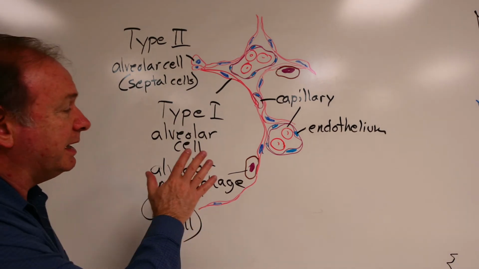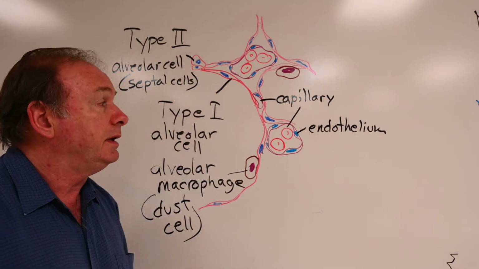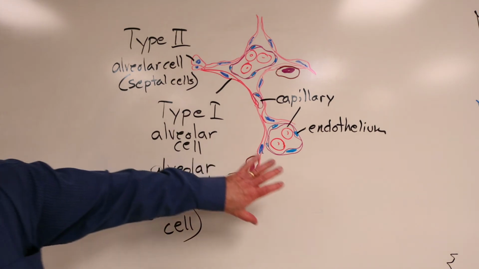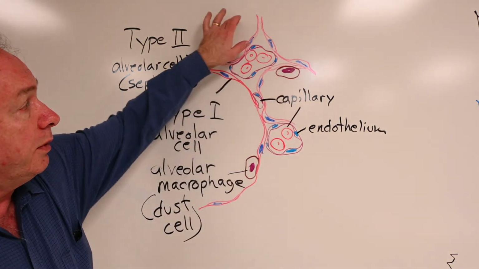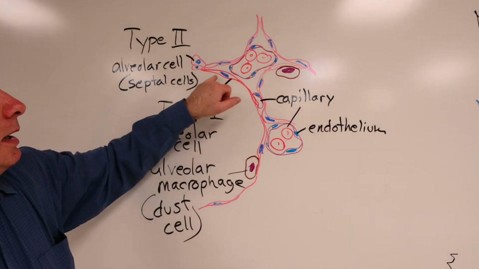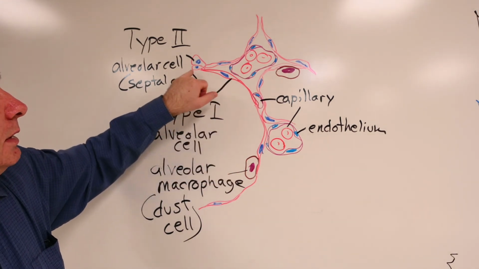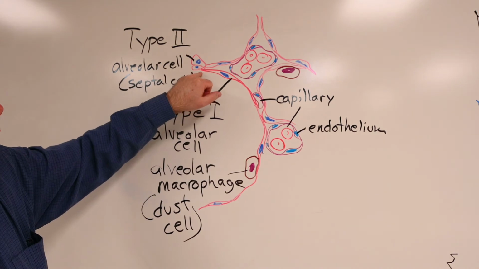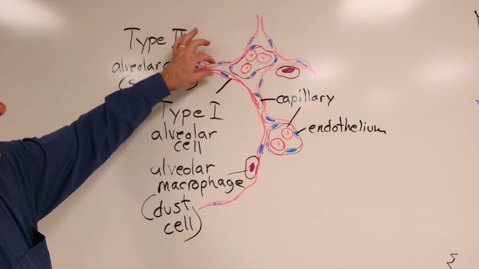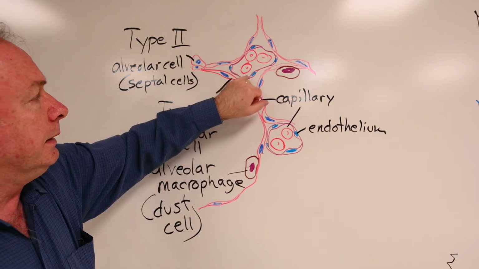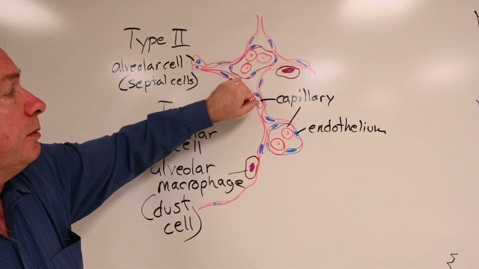So that's the detailed view of what's going on in the alveoli of your lungs, deep inside your lungs. We have the alveolar spaces or cavities. We have 4 of those cavities here. They are lined with type 1 alveolar cells. At some of the corners, we're going to see some type 2 alveolar cells where the septa come together, the dividing parts. And then each blood vessel is surrounded by endothelium.